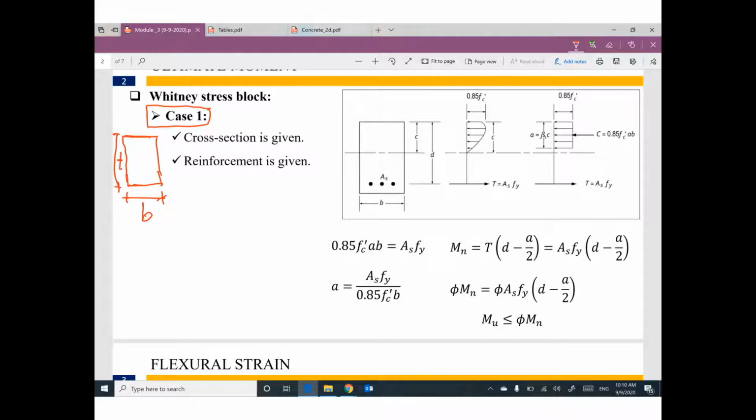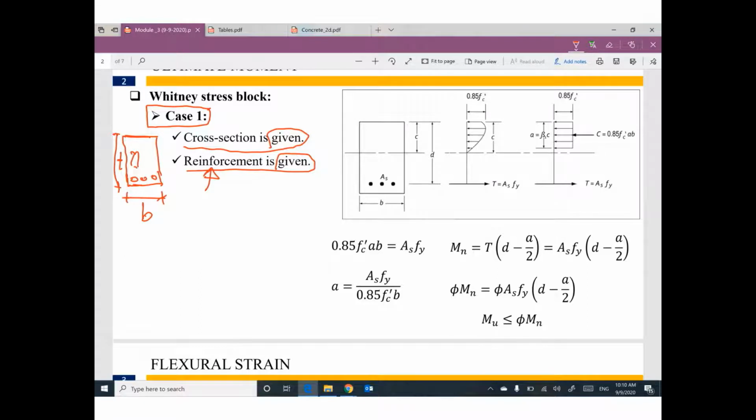How much? How can I figure out the T? We have many things to learn about these dimensions next week. By the way, the cross section is given. And the steel reinforcement, how much steel reinforcement, is given also. Next time on Friday, I will let you know how to get the reinforcement, but step by step. We are starting from the beginning.